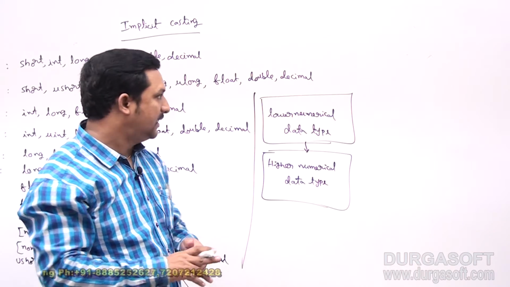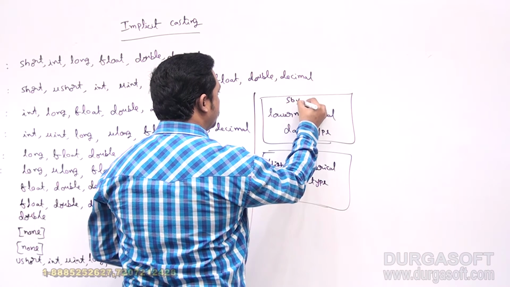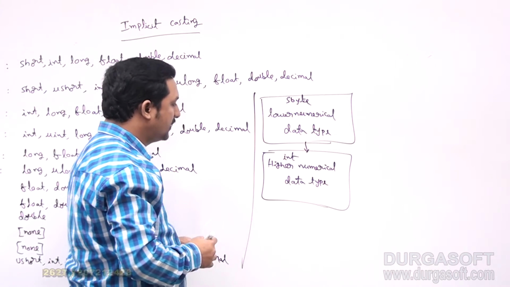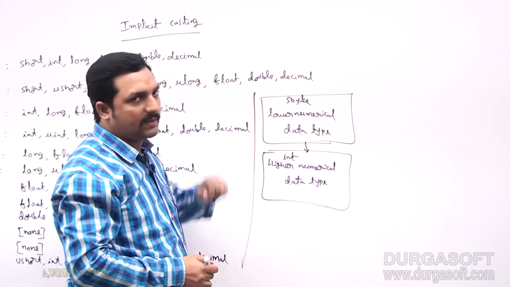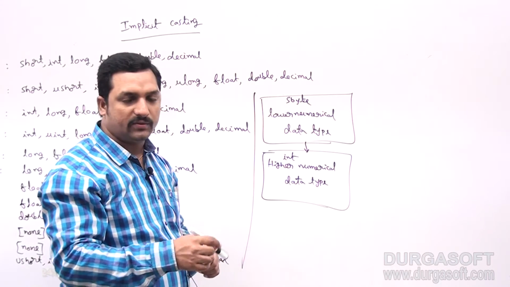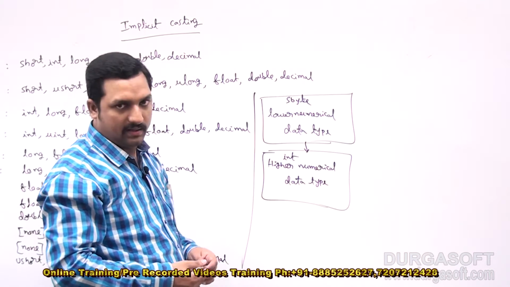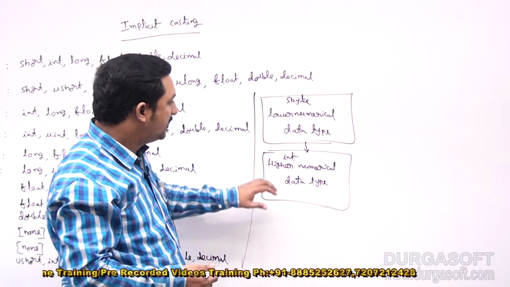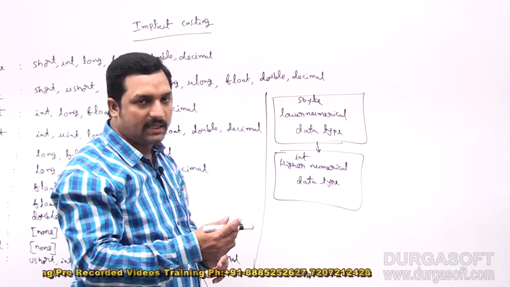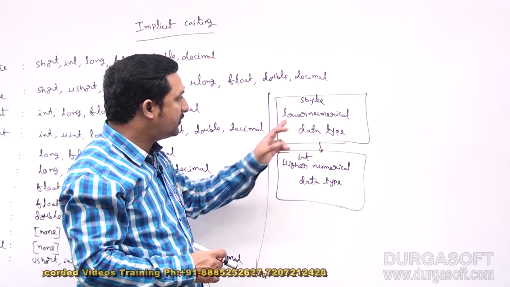For example, we have an S byte data type and we have an int data type. This S byte value can be directly converted into int without using any syntax, but the reverse is not possible. Reverse means integer to S byte, that is higher to lower. That is not possible in implicit casting, only lower to higher.